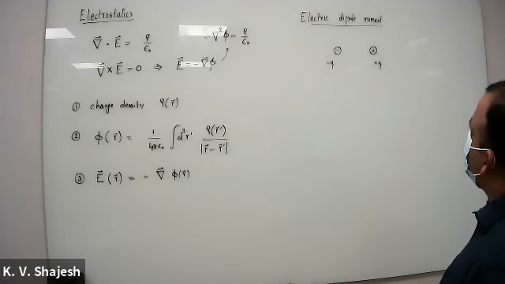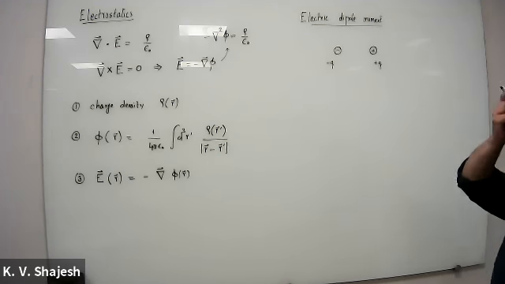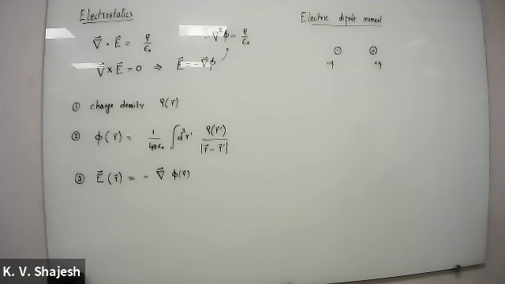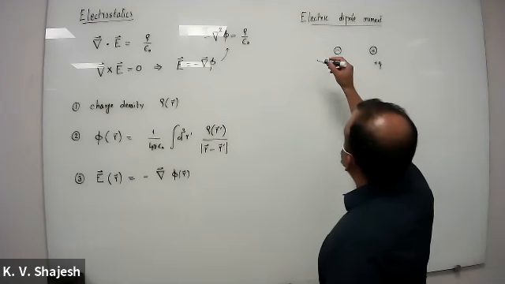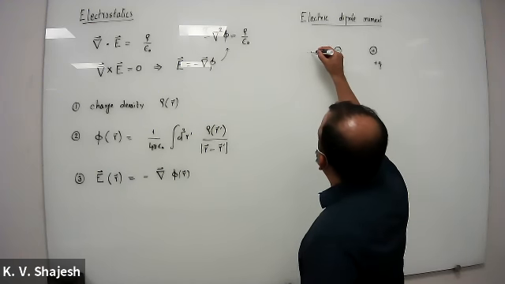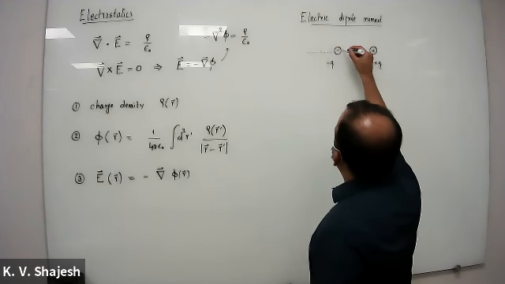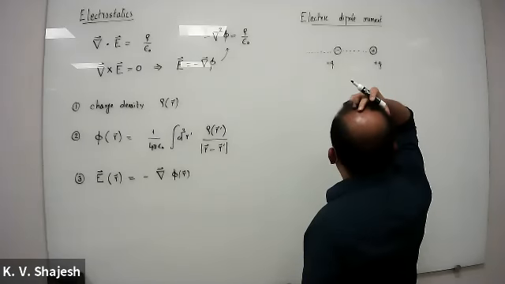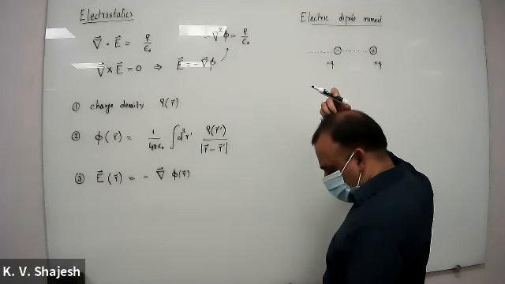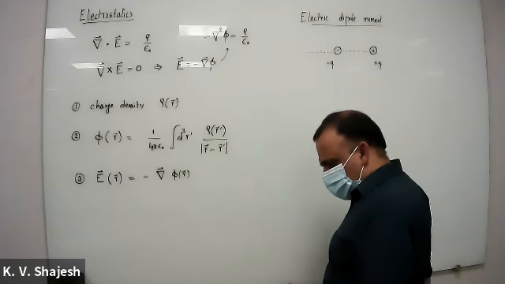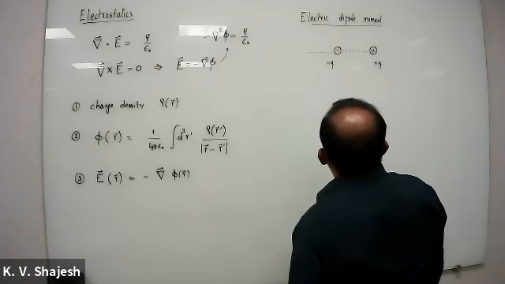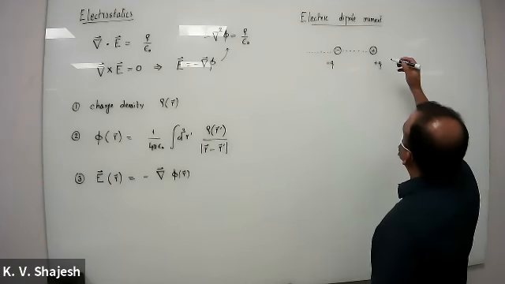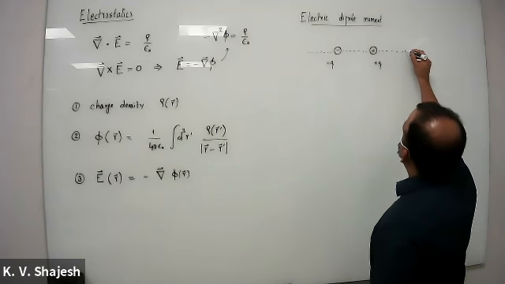But for now, this is minus Q and plus Q separated by a distance A. Let's choose this to be along the z-axis, as I think in your homework. So let's say this is the z-axis.